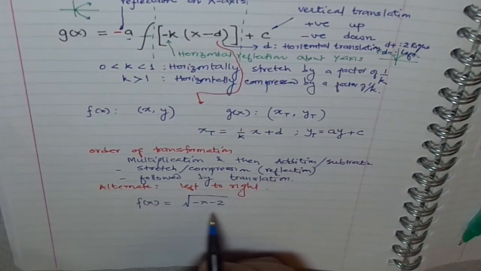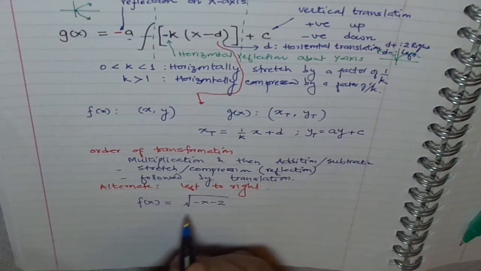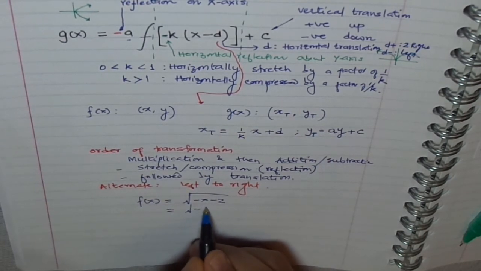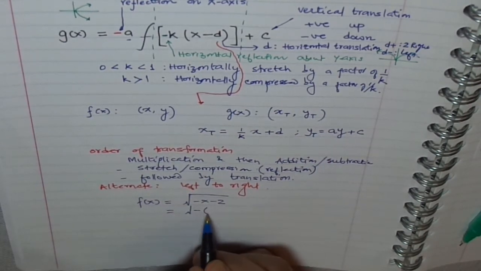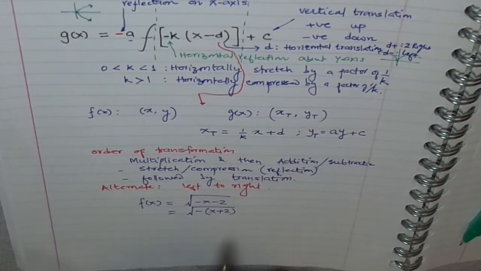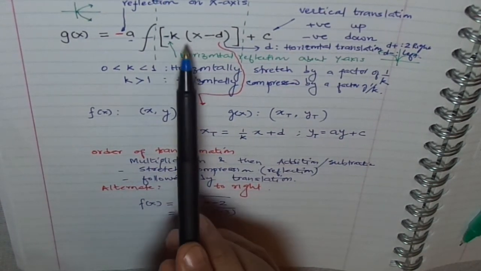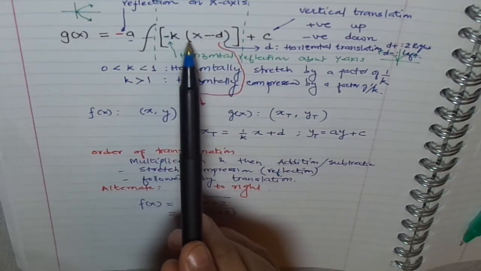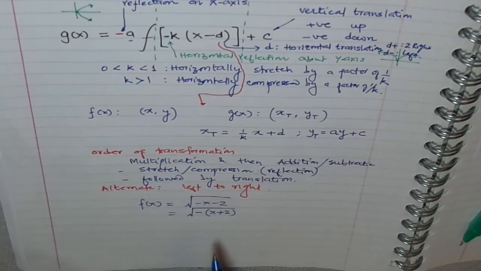Whenever you have a function like this, first thing is factor out the coefficient of x. In this case it is just minus 1, but let's do it. When you factor this out, we are left with minus (x plus 2). Okay, do you see this? There is a multiplication and the x minus d is in brackets, and we have to factor out any coefficient of x. Perfect? Yes.